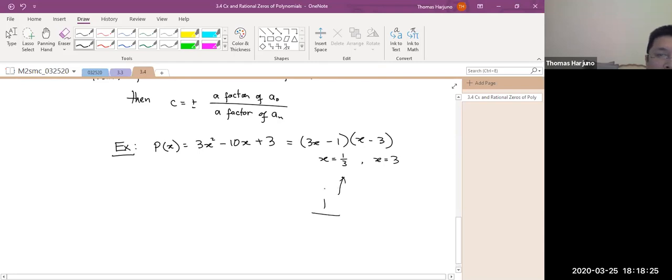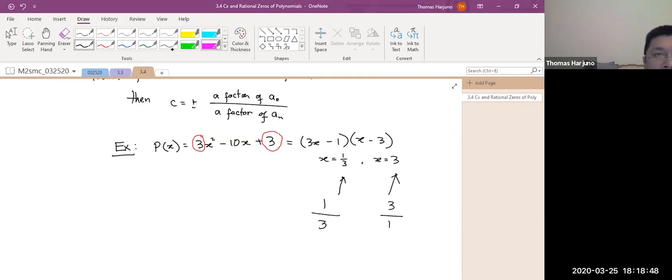Now notice that in this 1/3, the 1 is a factor of the constant term. And the 3 in the denominator is a factor of the leading coefficient. Likewise, the 3 here, which I can write as 3 over 1, the numerator is a factor of the constant term, and the 1, the denominator, is a factor of the leading coefficient.